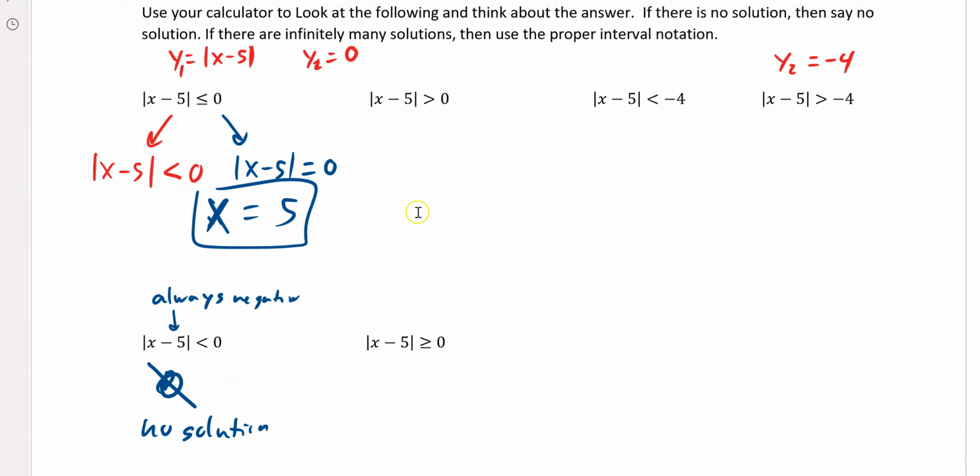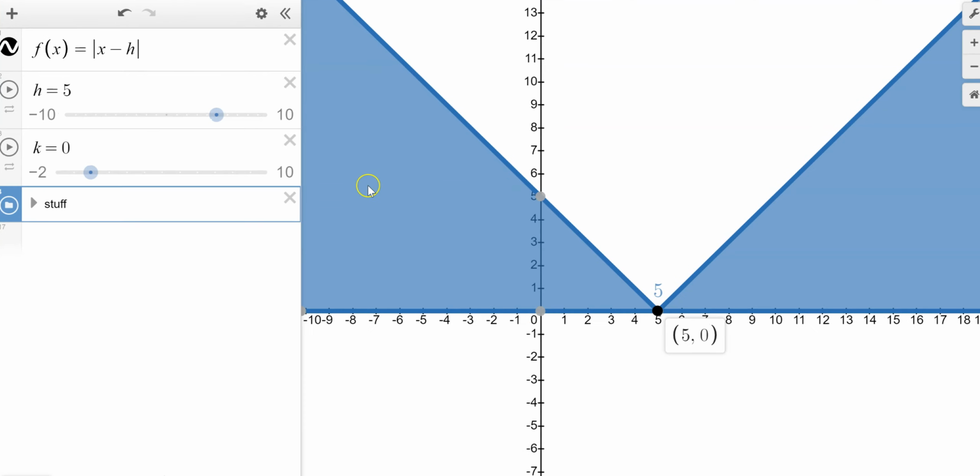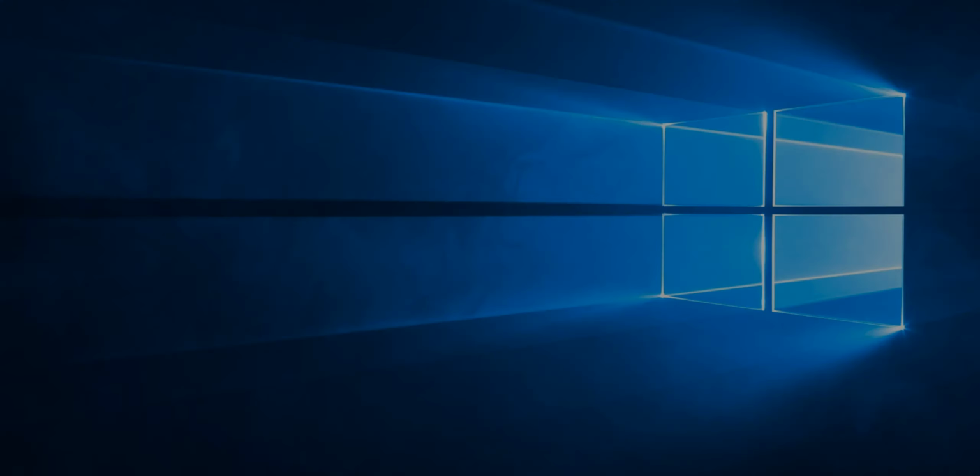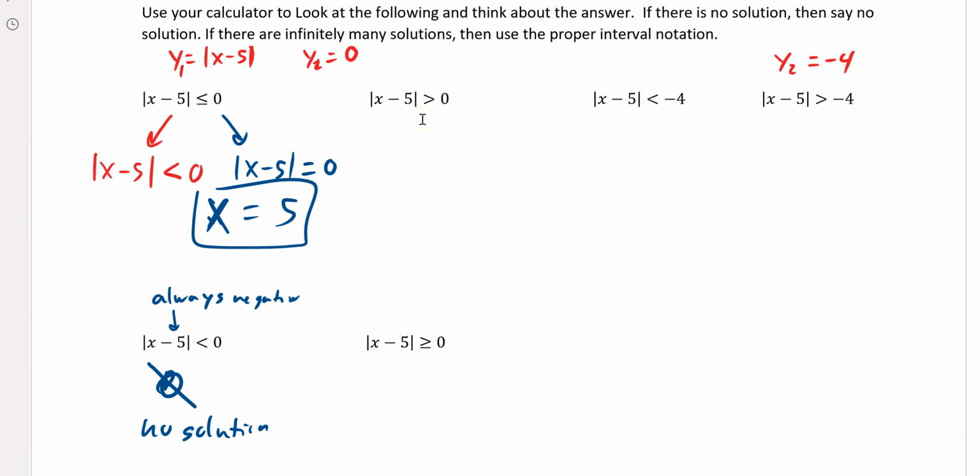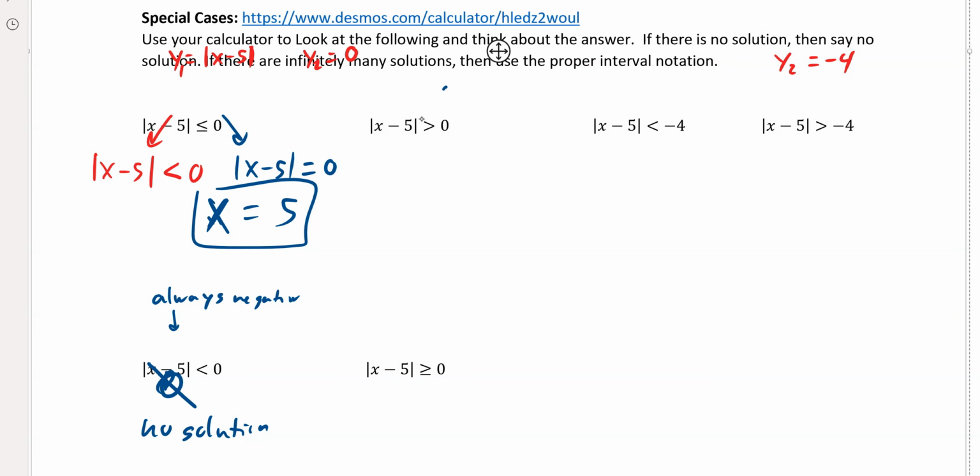Well, what about when it's positive? This gets a little tricky, but it's not too bad if you look at the graph. So right here, it's positive. Remember, the big blue is positive. So what we have is two things going on. When is it positive? And when is it 0? All we have to do when you see this situation is it's missing this. It's saying that this, our x minus 5, cannot be 0.